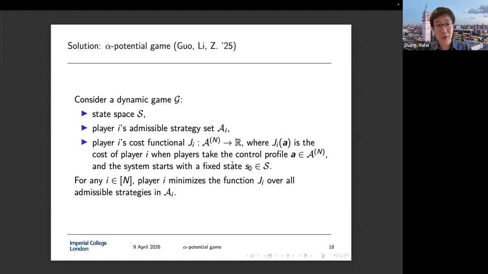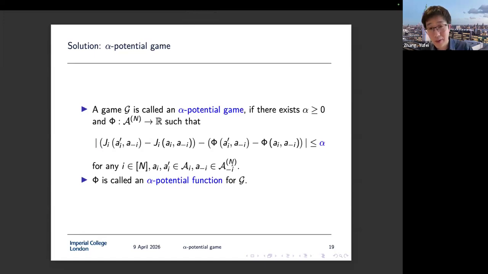In this case, we introduce the concept of alpha potential game, in the sense that we assume there exists a function phi such that phi predicts the unilateral deviation for any player up to an error alpha.